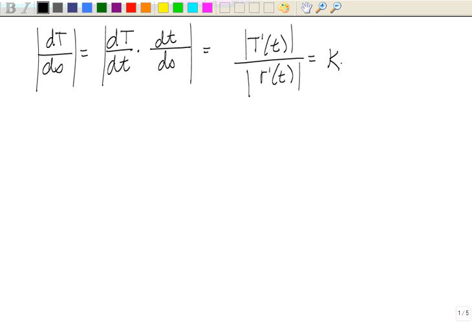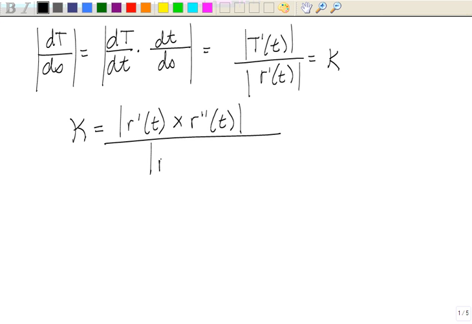There are other formulas too, as we'll see. Another one in the book will show you how they get this, so you need to read the book. It's not too hard to figure out. r prime cross r double prime of t over the magnitude of r prime of t cubed is another formula for curvature.